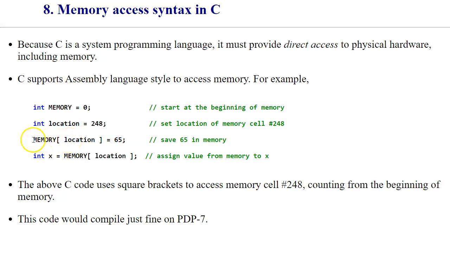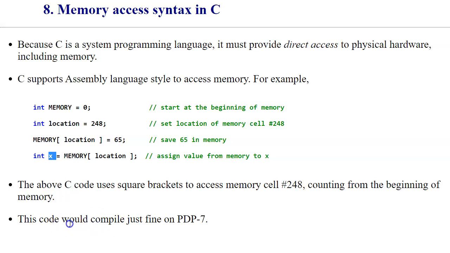And so this expression refers to a location in memory, and this is an example of memory access syntax in C. So what we do next is that we just use this as a target to store integer 65. Likewise, we can access this location in the next statement, and retrieve this value and store it in some other variable and continue with our coding.